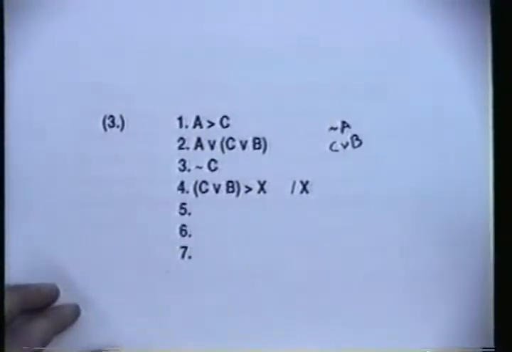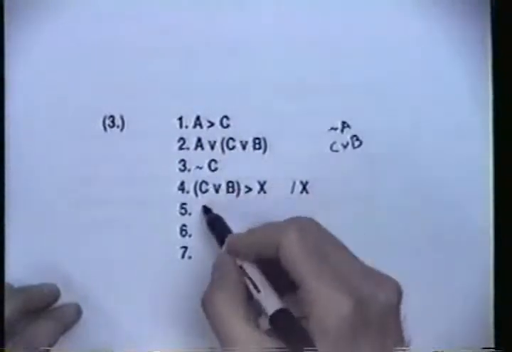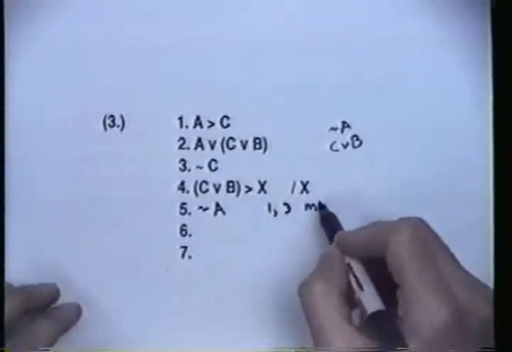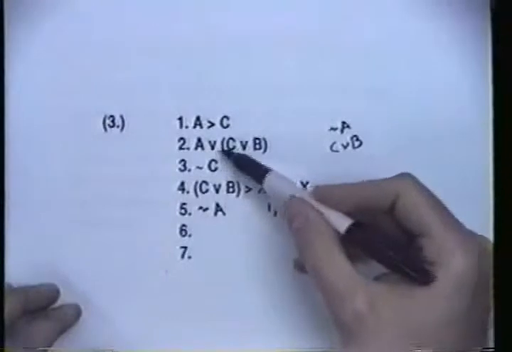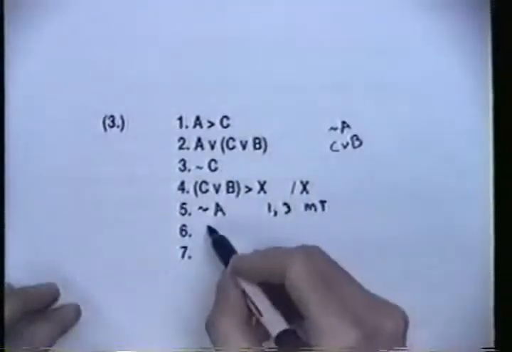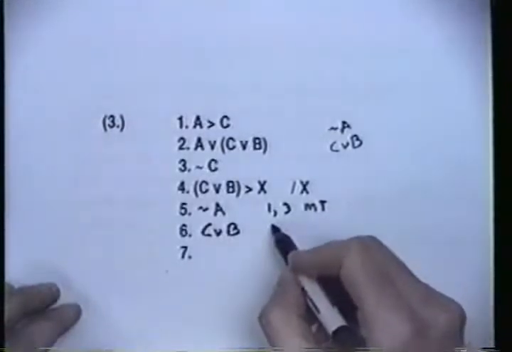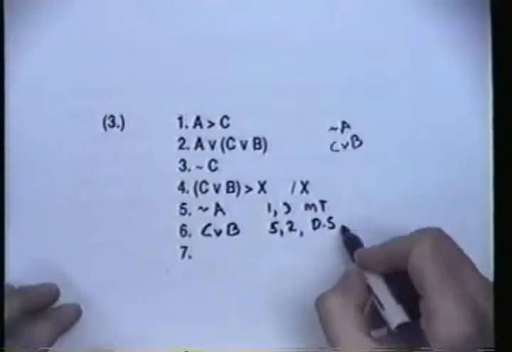So now I basically know my strategy. I'm going to first do modus tollens on lines 1 and 3. That will give me not A. 1, 3, modus tollens. Now I have the negation of one disjunct of line 2, which gives me C or B by lines 5 and 2, disjunctive syllogism.